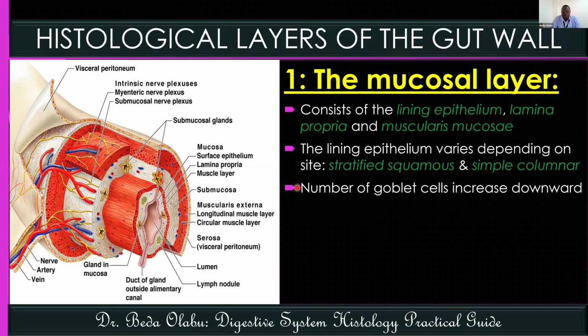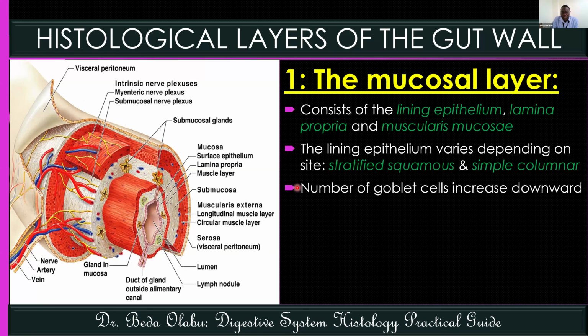And you may have to train your eyes to learn to pick what we are referring to when we say these are lots of goblet cells and this is a little amount of goblet cells. But generally, once you've seen a few slides, you will have a graphical memory of what a lot means and what little means.